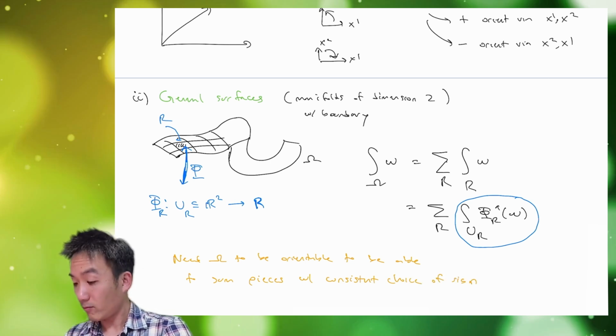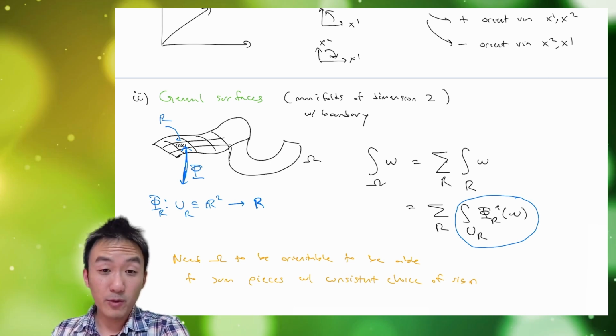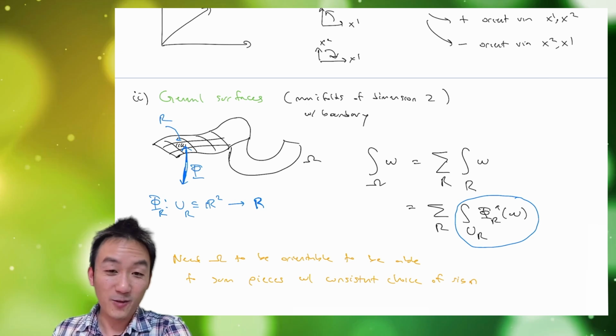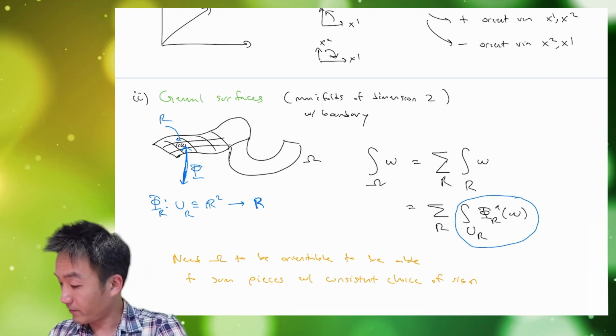Okay. So basically, since each of these pieces is possibly ambiguous up to a choice of sign, so long as we can consistently choose that, which we can't do on the Mobius strip, but we can do for the surfaces which aren't like the Mobius strip, then we can make sense of this integral.